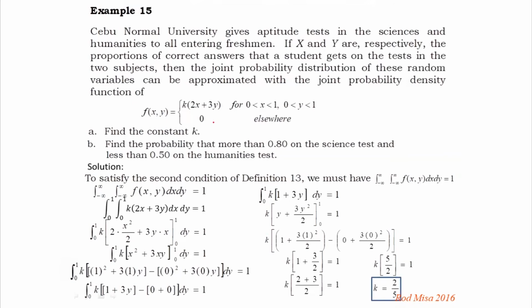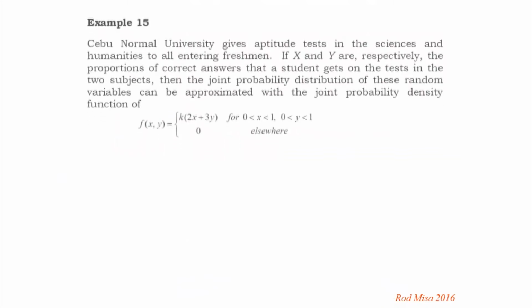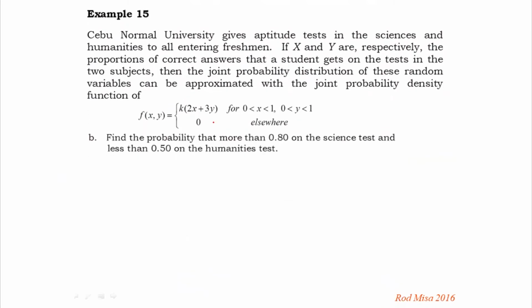So solving for our second question, we have to find the probability that more than 80% of the science test questions are answered correctly, and less than 50% of the humanities test questions are also answered correctly.